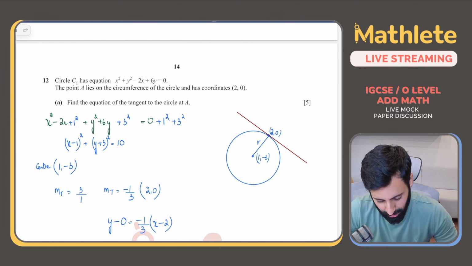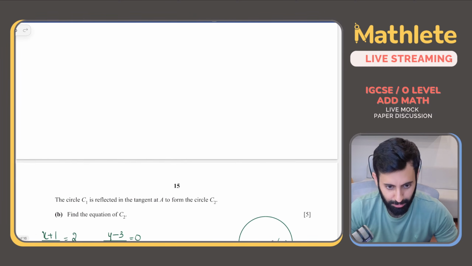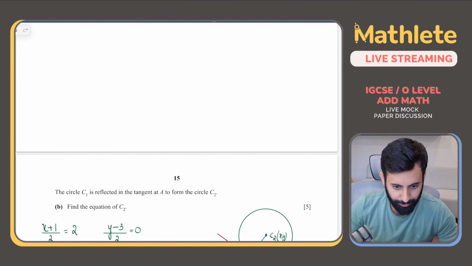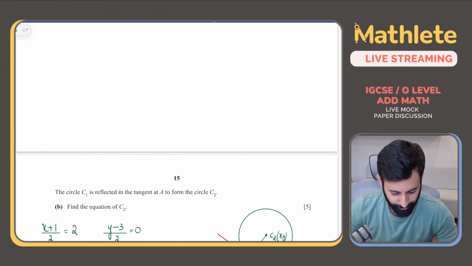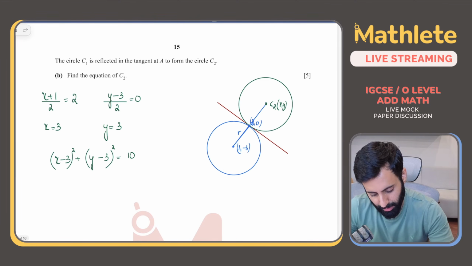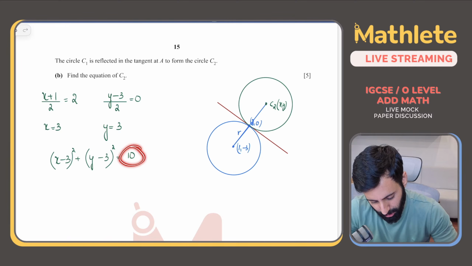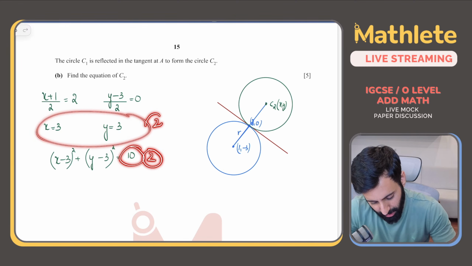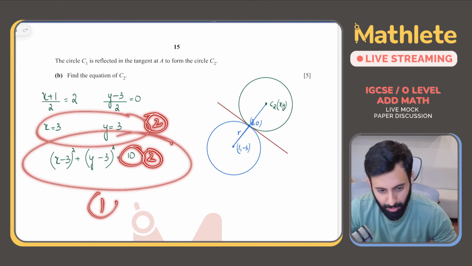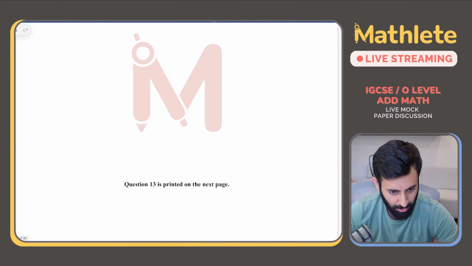But it still has mentioned it. So yes, finding the radius gives you 2 marks. So 2 marks, 2 marks, then the final equation 1 mark. That's 5 marks.